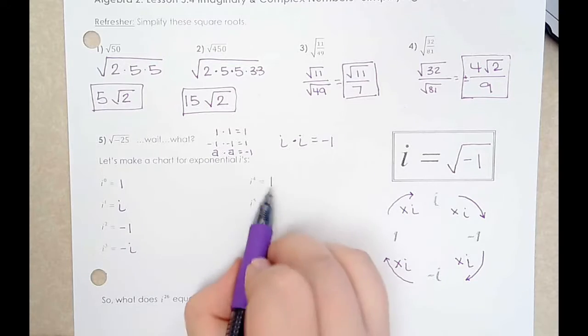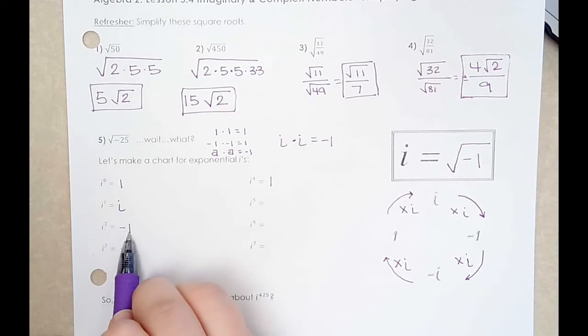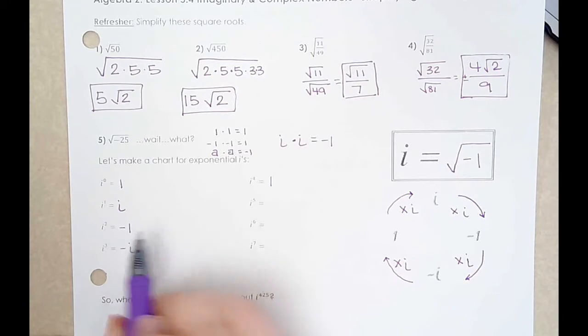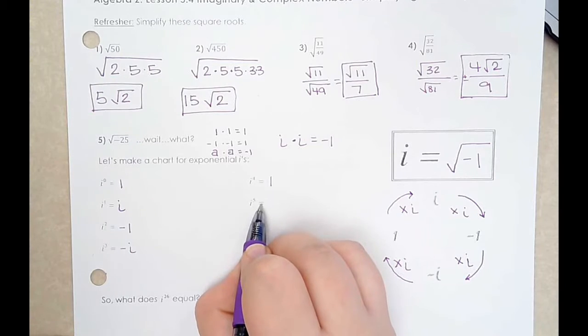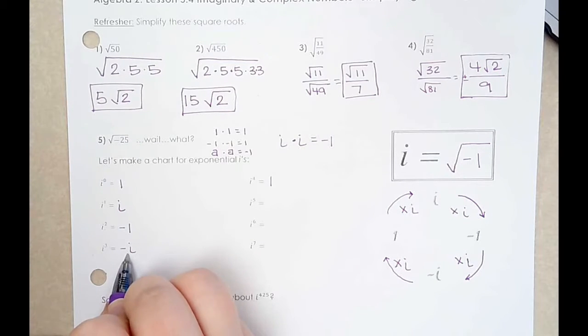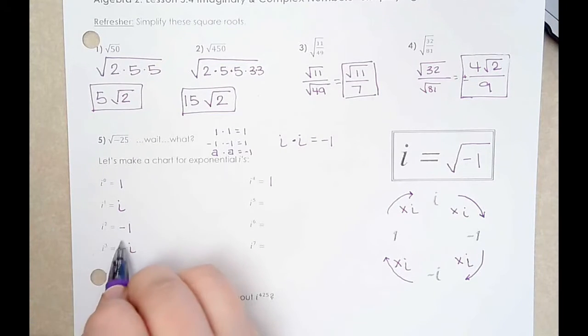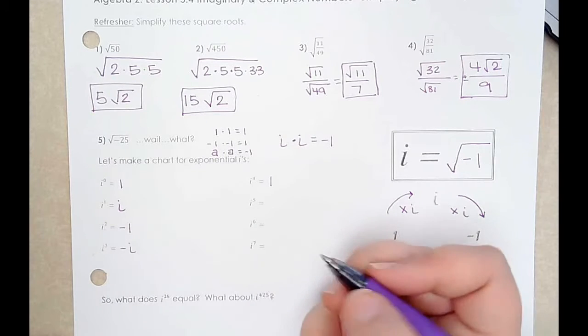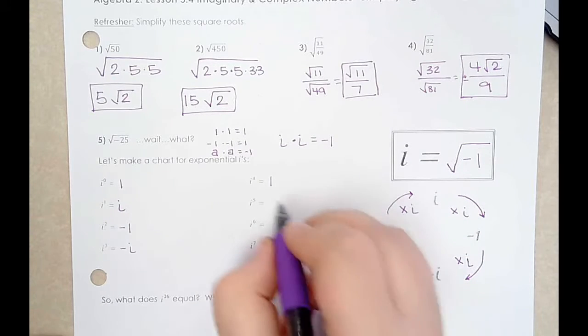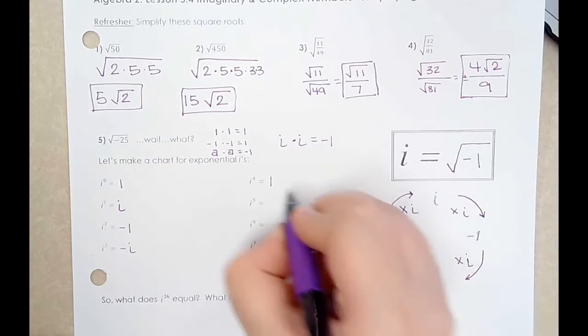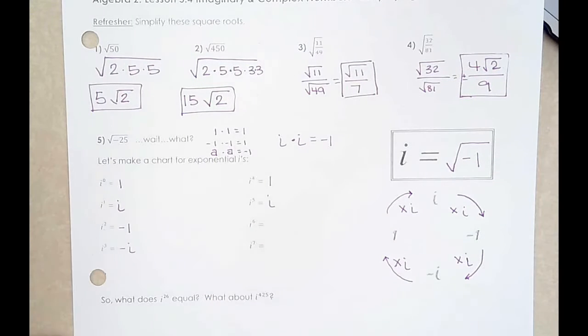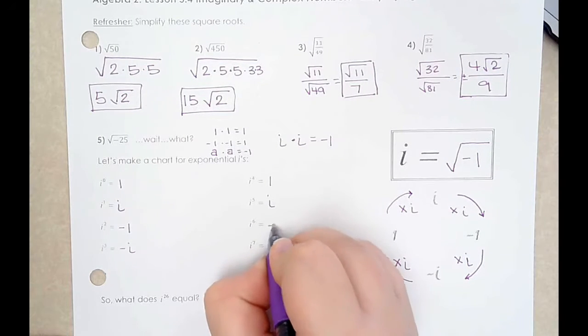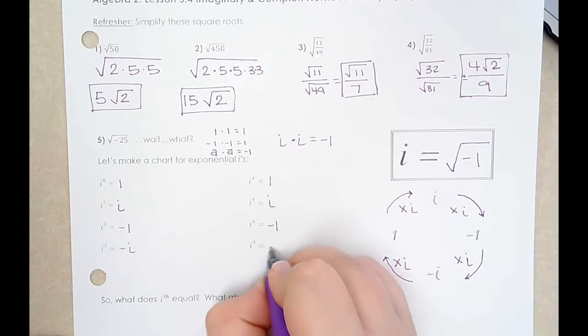It's also the same thing as i squared times i squared, or negative 1 times negative 1. i to the 5th can be i to the 3rd times i to the 2nd, which is going to be, just in case we weren't paying attention, i. And if we keep going, we get negative 1 and negative i.